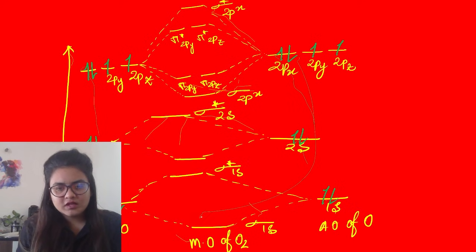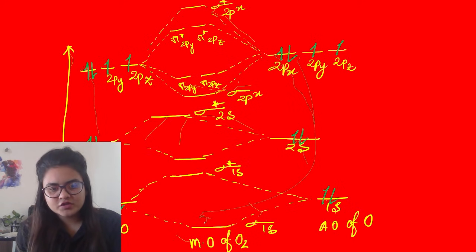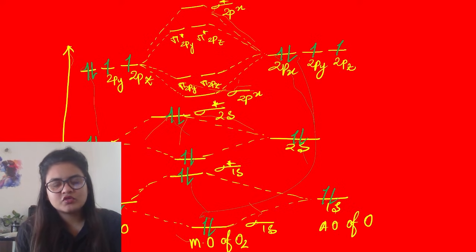Total 1s and 1s, 4 electrons we have to accommodate here, 1 2 3 4. Here also 1 2 3 4. Next I have a total of 8 electrons, so 1 2 3 4 5 6 7 8.